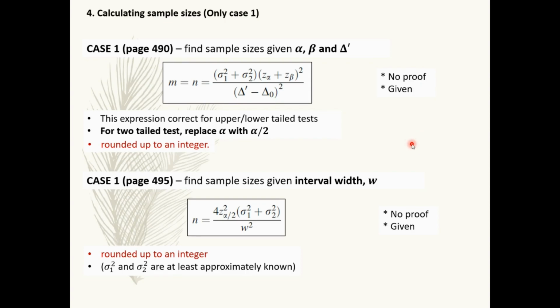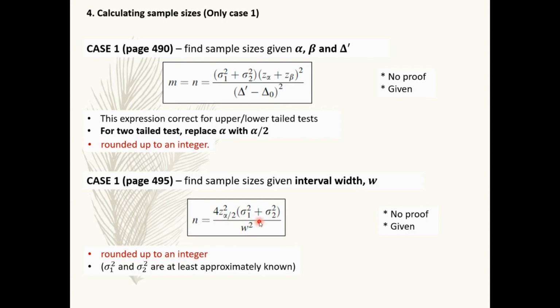Then the other way of calculating the sample size is maybe the person has a particular interval width that they want. So you'll be given the width in this scenario. So you can see the formulas require different things. And if you don't have enough for this formula, you probably have enough for the other one. And in this scenario, you will also need to round up to an integer.